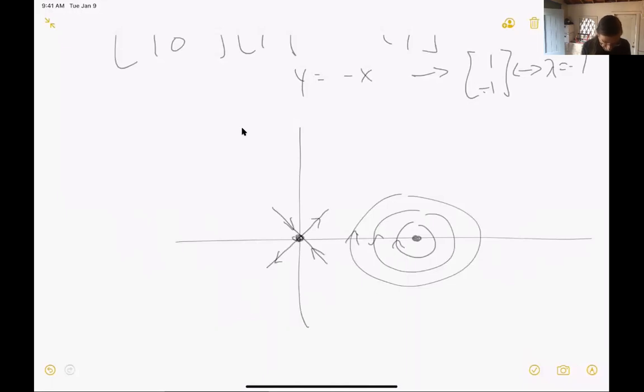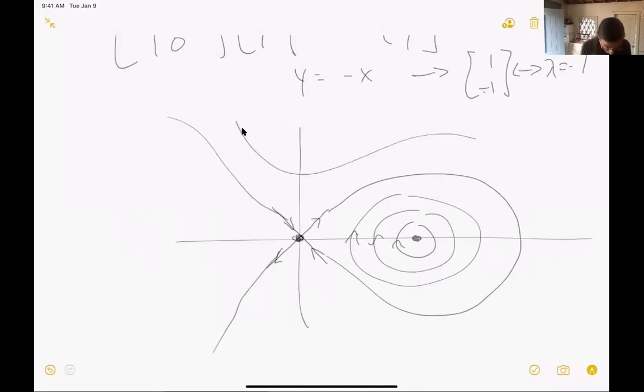So I'm going to fill in what I think the rest of the picture probably looks like, something like this. Good?